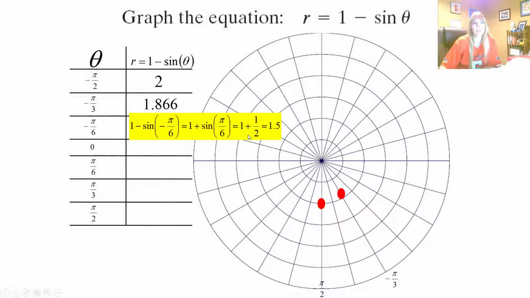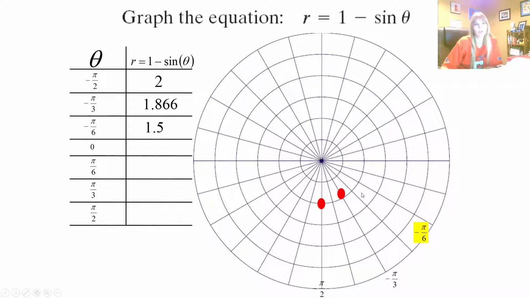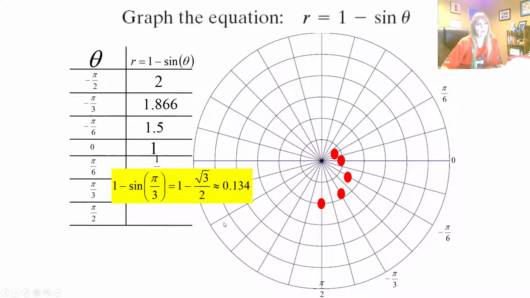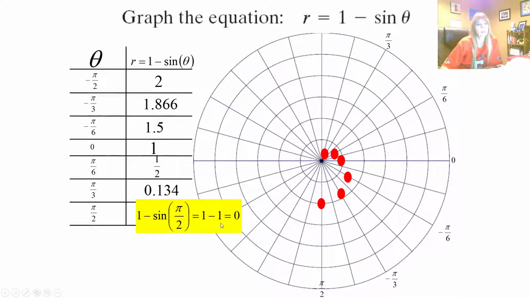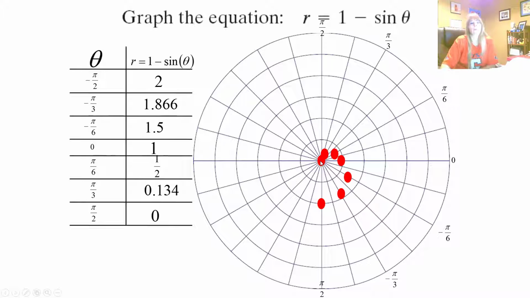You could probably pause it because I'm going to roll through these. This is a good way to learn how to actually graph. Then the next one, pi over 6, at 1/2. And then finally, the last one, I'm back at my actual pole.